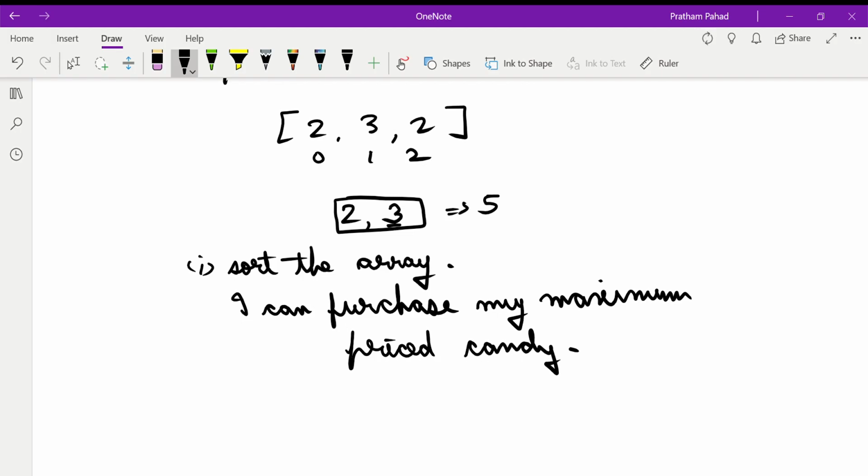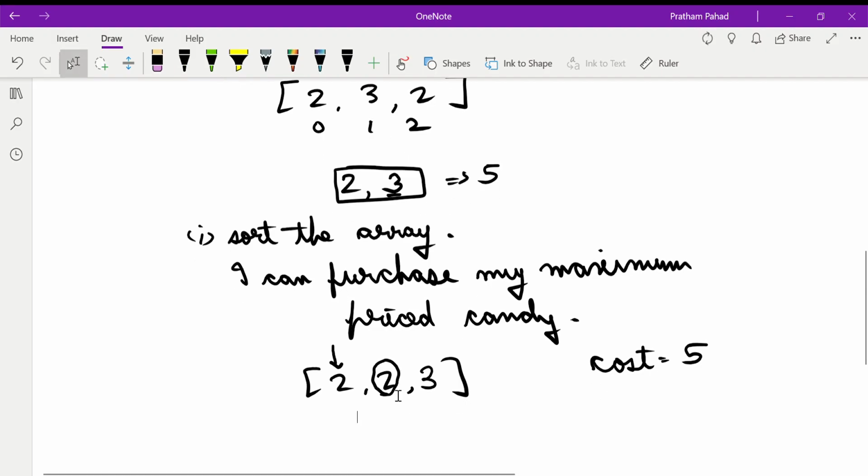How? If I sort this array as 2, 2 and 3, I am sure that 3 is the maximum price candy. Yes. So initially my cost will be 3. Now I can purchase these 2 candies, but not for free. If I purchase this 2 candy, which will make my total cost 5, I can get this candy for free. Got this?